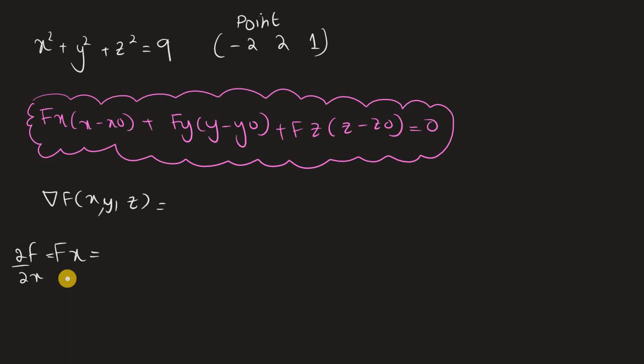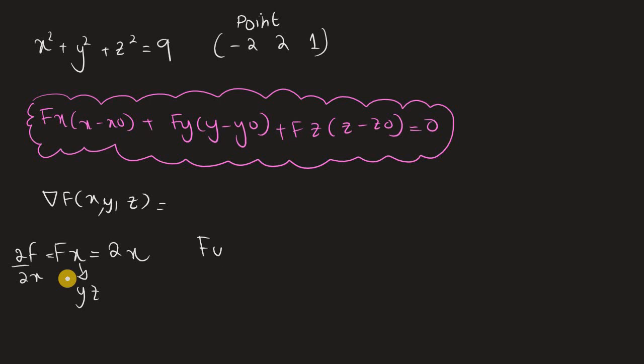These are the same notations, so don't get confused. We're differentiating with respect to x, which means all the other variables are treated as constant since it's a partial derivative. So y and z are constant, and this is our equation. We're only differentiating with respect to x, so that is going to be 2x. The rest are 0, 0, 0.